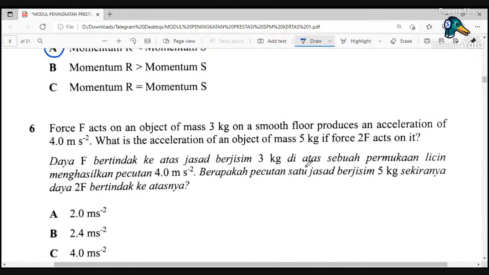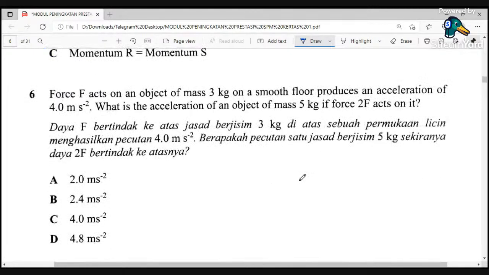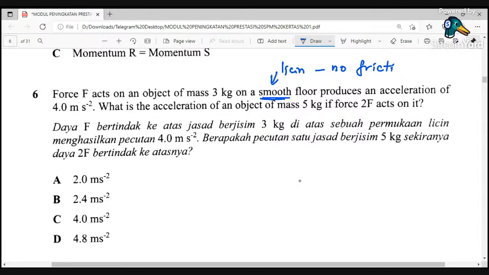And number 6, a force Fx acts on an object of mass 3 kg on a smooth floor. Licin, licin maksudnya tak ada friction. Okay, no friction.